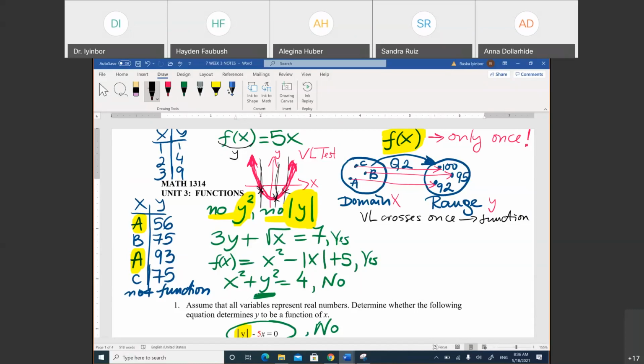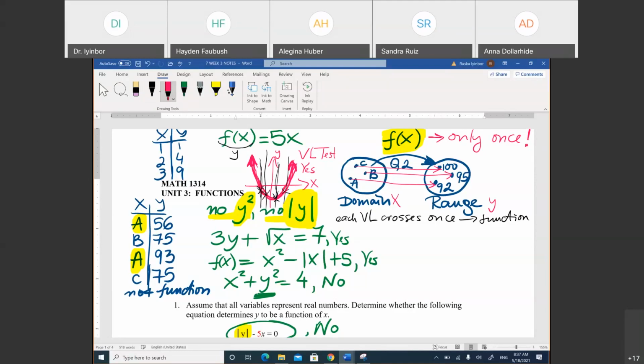So every line, you can just move it left to right to see how many times. Each line has to cross once. Make sense? So what is that, function or not a function? It's a function. Yes, it's a function. Good job.